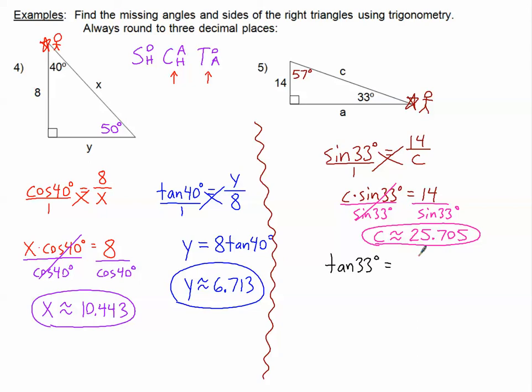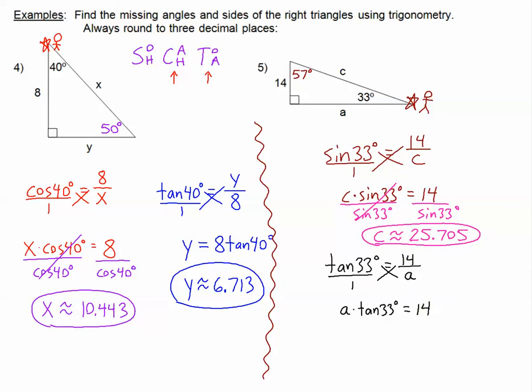All right. And my last one, my tangent of 33 degrees. Again, I'm standing right here. Tangent is opposite divided by adjacent. So 14 divided by A. Put this over 1 so I can do my cross multiply. A times tangent of 33 degrees equals 1 times 14.